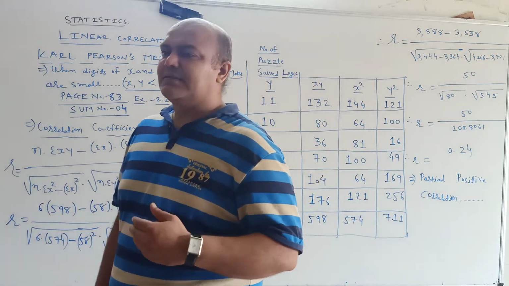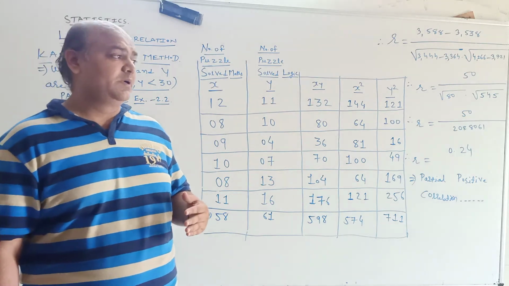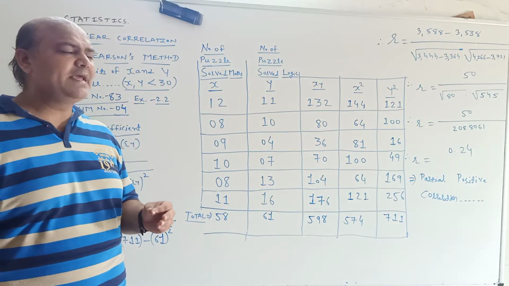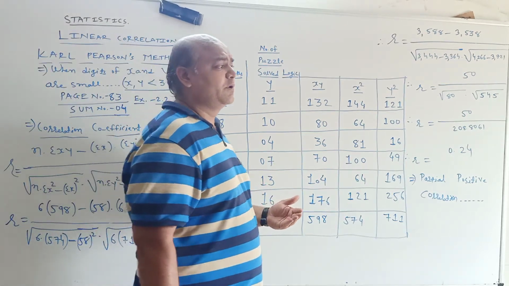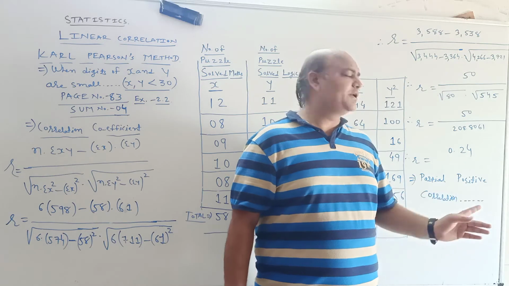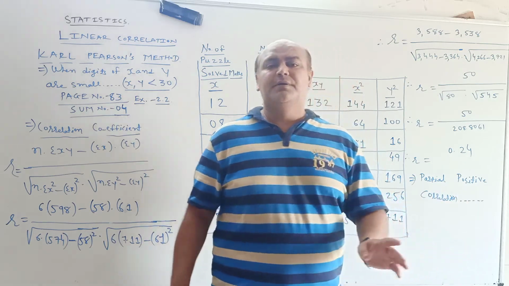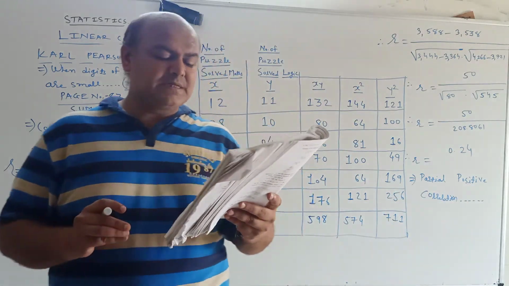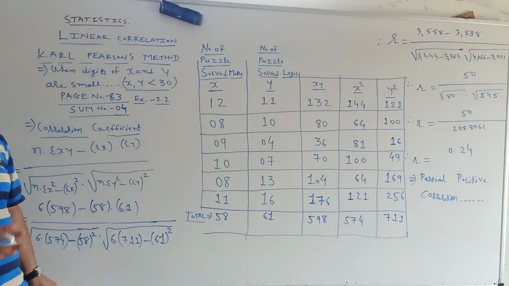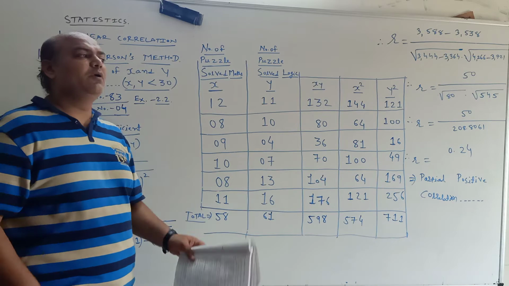See, here the answer is positive, but it is far away from 1. So in conclusion, as an interpretation, we can say that it is a partial positive correlation between the number of puzzles solved based on mathematics and the number of puzzles solved based on logic.